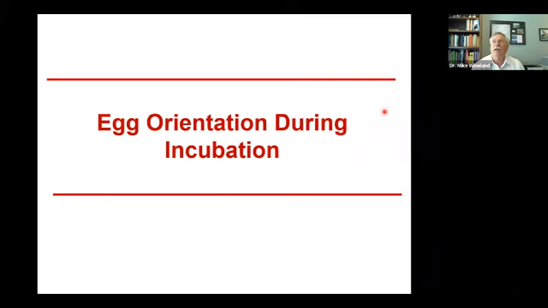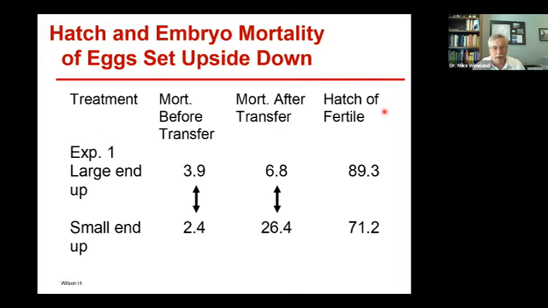I thought I would add a little bit on egg orientation during incubation, since turning is really orientation also. What I wanted to talk about here was a trial that Henry Wilson did when he was at the University of Florida. He had a group of eggs that he set large end up or small end up, and he looked just at the mortality before transfer and the mortality after transfer.